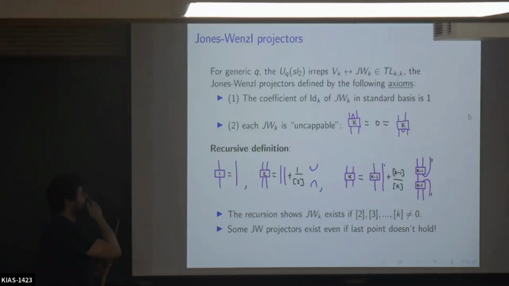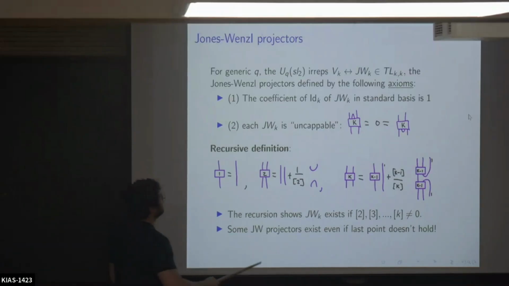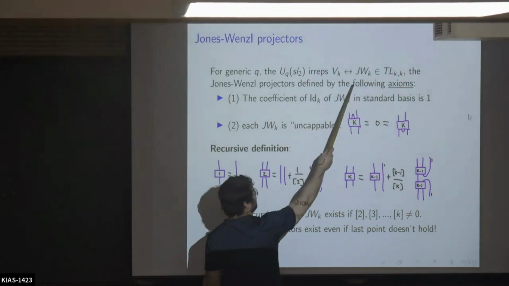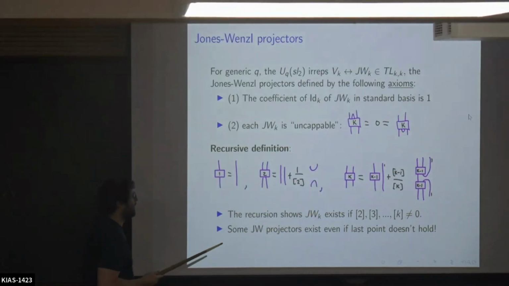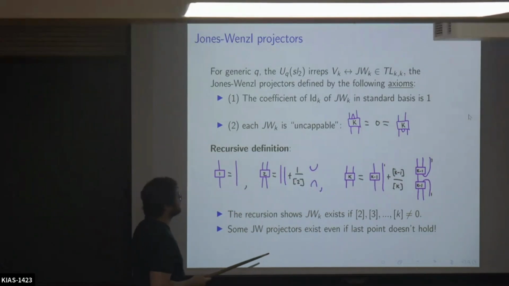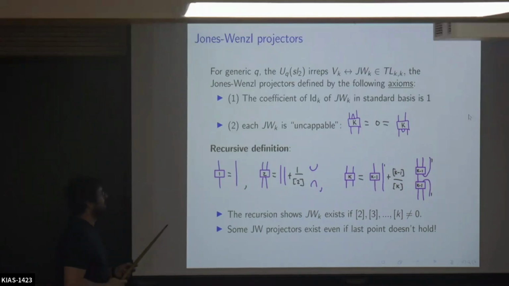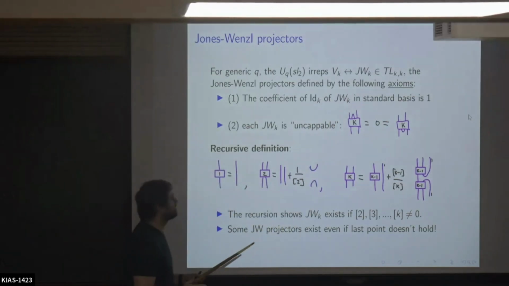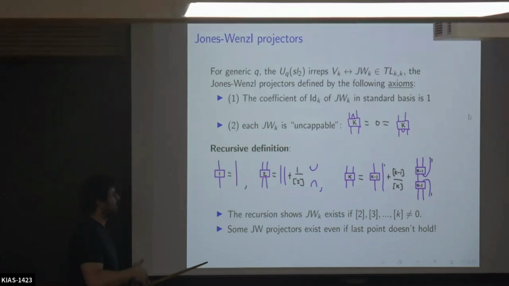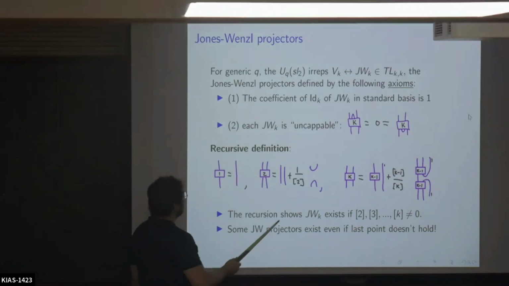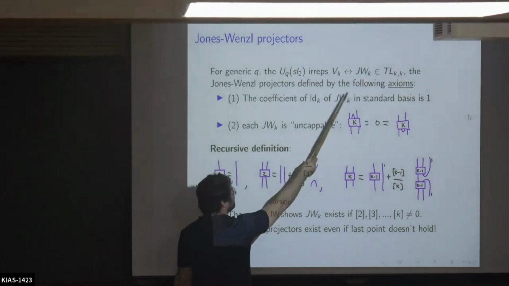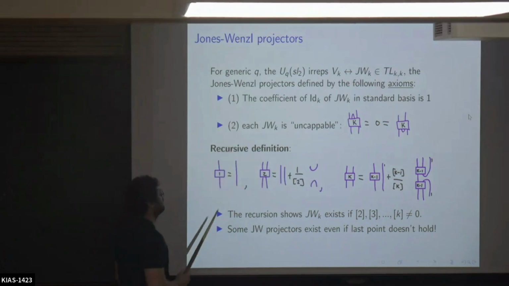The correspondence between this diagrammatic category and the representation category is that the highest weight K irreducible representation corresponds to an element called the Jones-Wenzl projector on K strands inside of TLKK. Each irrep corresponds to a linear combination of diagrams, and that linear combination is an idempotent. We can define the Jones-Wenzl projector axiomatically by two axioms.